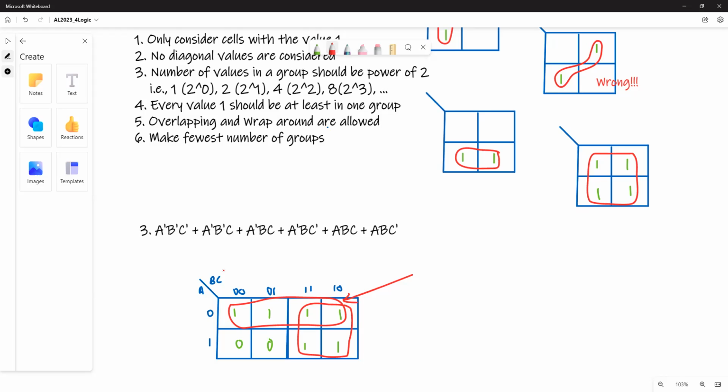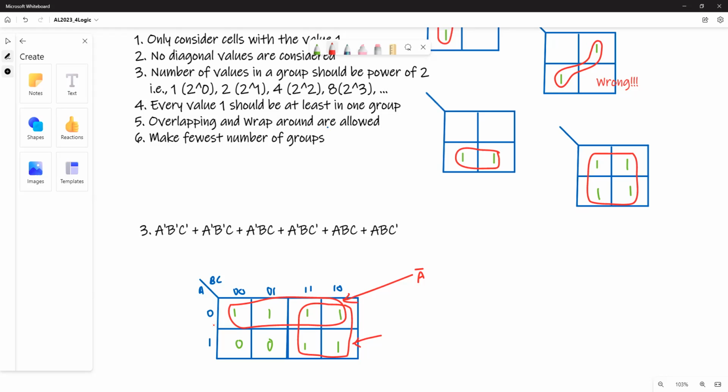To simplify this, you can look at here. A 0 means A bar is not changing. All the other values are changing. So that means this is A bar. Then we have this group. What is this group? If you look carefully here, we don't have any.